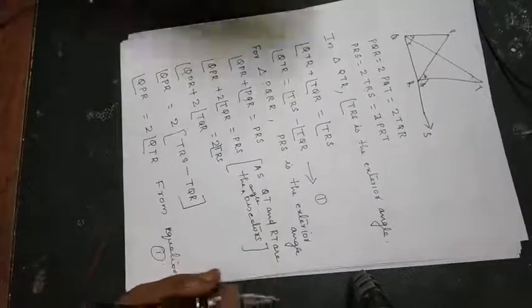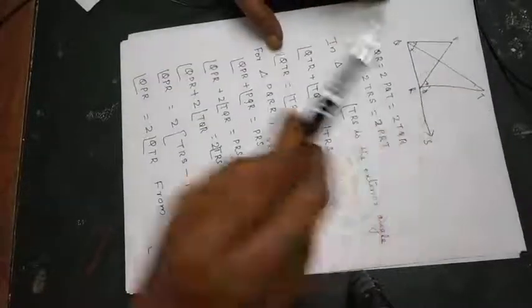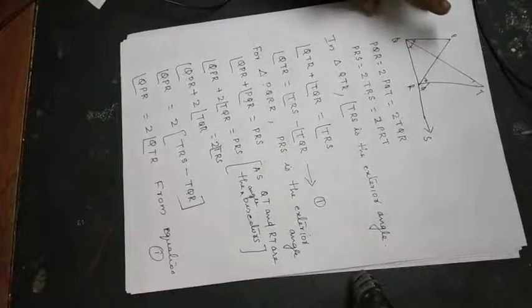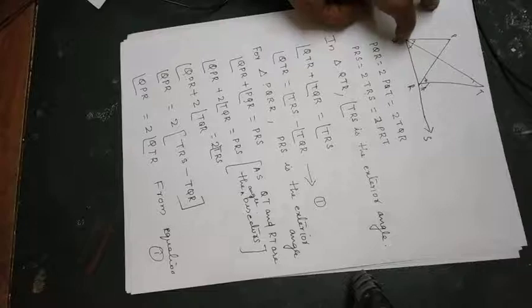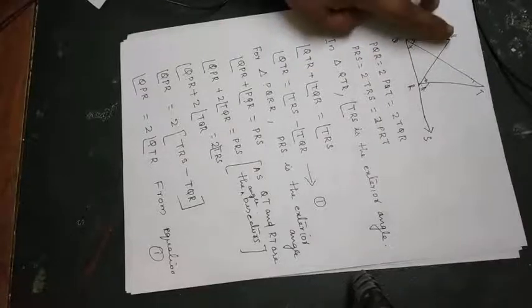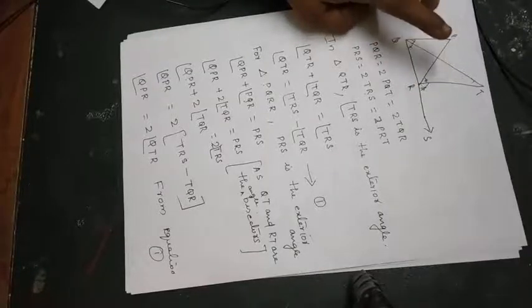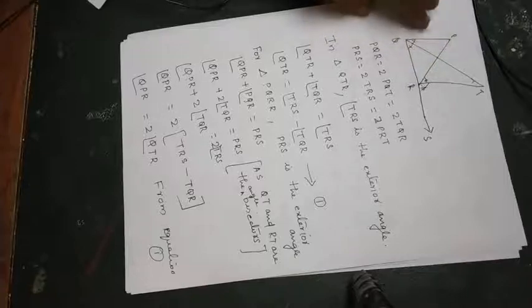Now let us recap how we solved that one. As you know, QT is the bisector, so PQR will be 2 times PQT, or 2 times TQR. Then RT is the bisector, so PRS is equal to 2 times TRS or 2 times PRT.